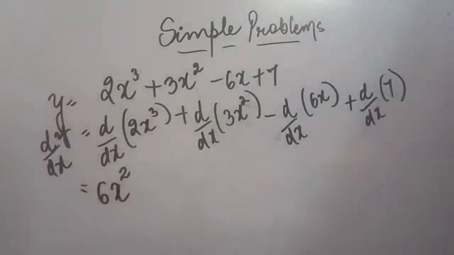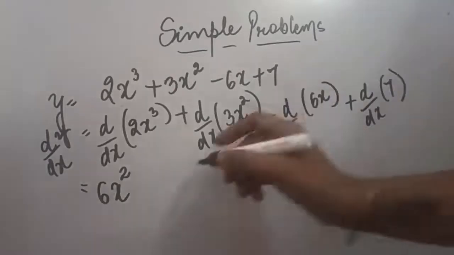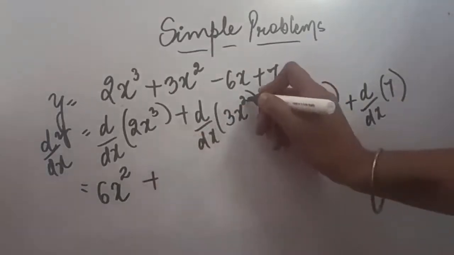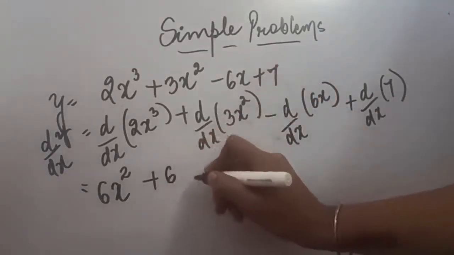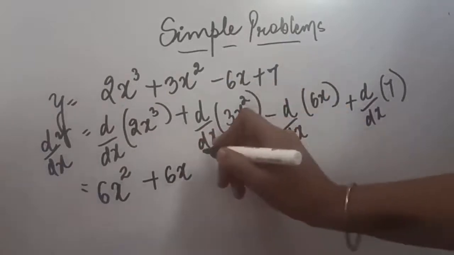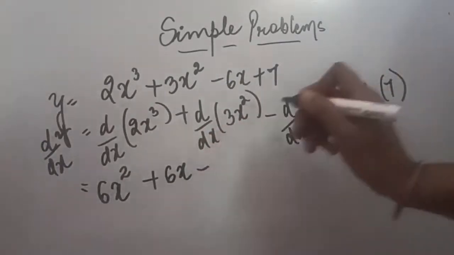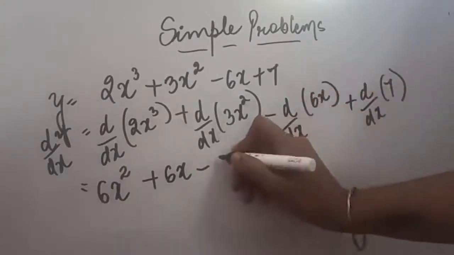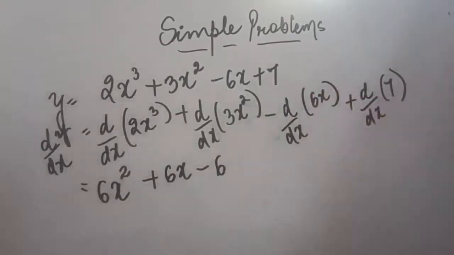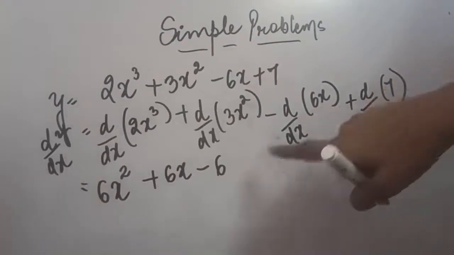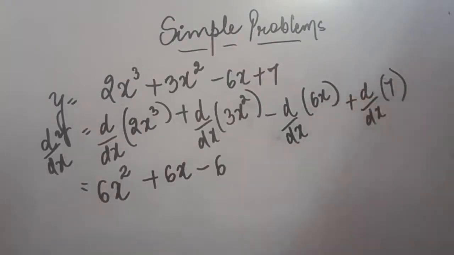So the derivative of 2x cube is 6x square, plus now 2 will come forward, so it will again be 6x. 2 minus 1 is 1, so we can write it like x, minus now here 6, the x is having power 1, so 1 will come forward, so it will be 6 only, and x will have power 1 minus 1, so it will be 0.